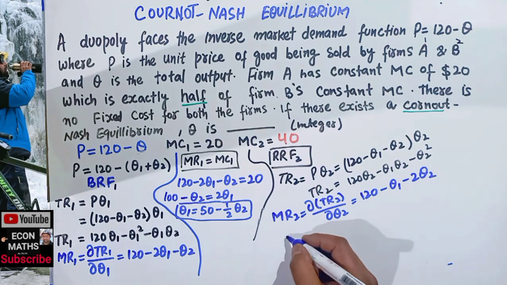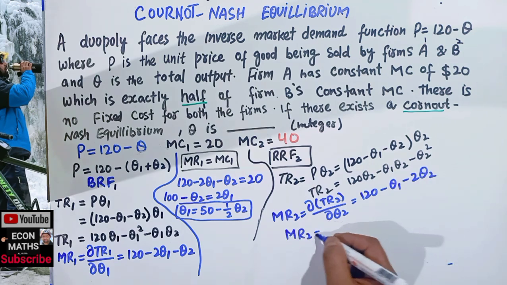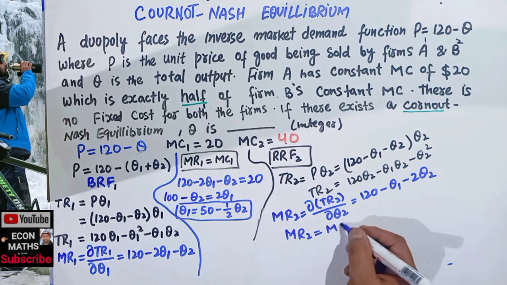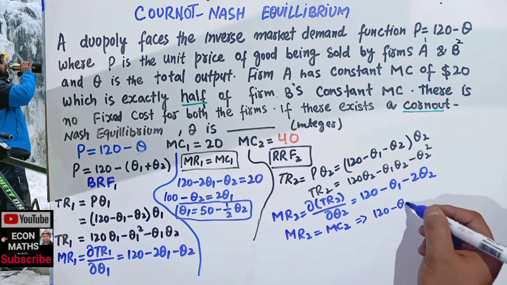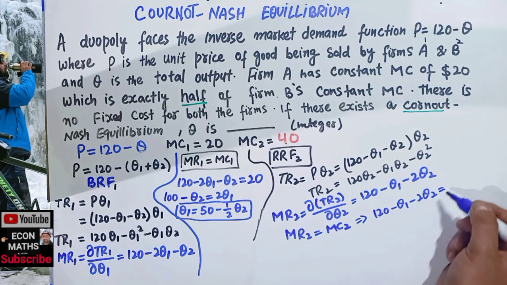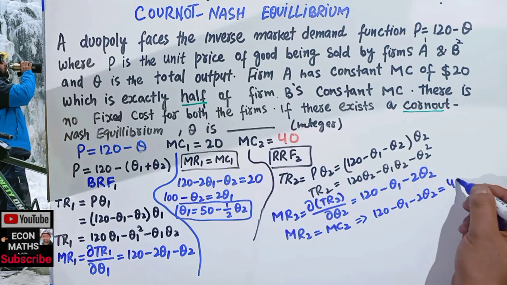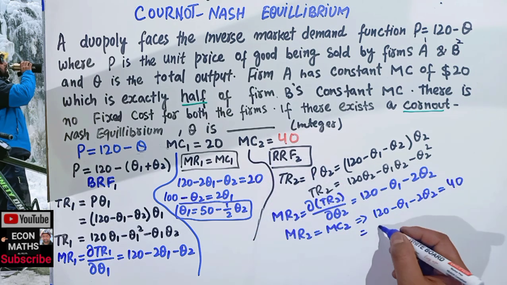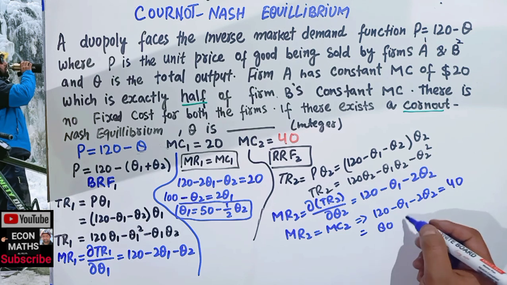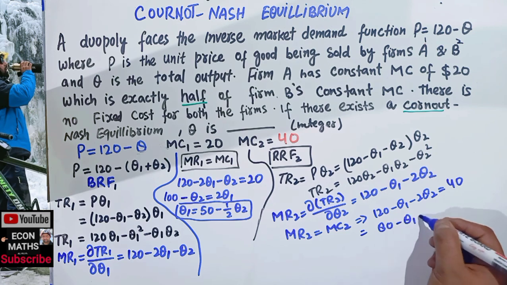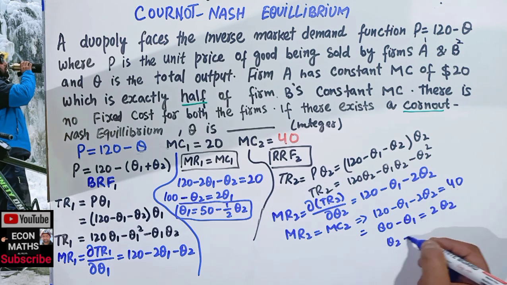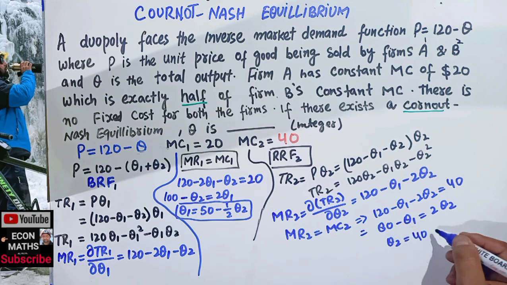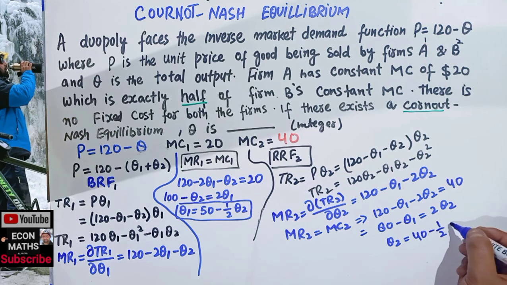Again, at equilibrium, marginal revenue of firm 2 should be equal to marginal cost of firm 2. So this implies 120 minus Q1 minus 2Q2 should be equal to the marginal cost of firm 2, which is 40. So 120 minus 40 is 80, minus Q1 is equal to 2Q2. Transposing, Q2 will be equal to 40 minus 1/2 Q1.